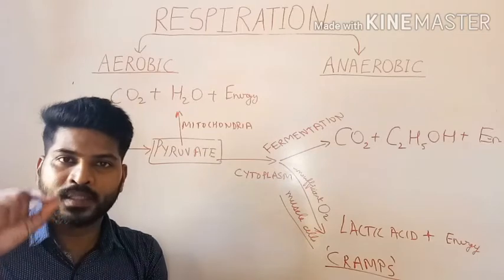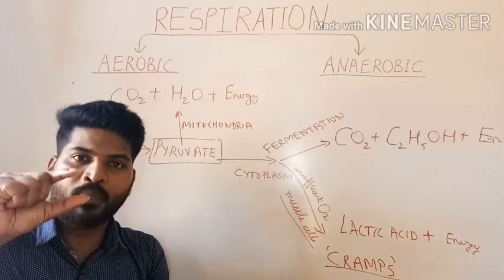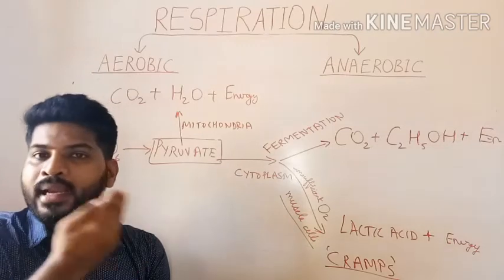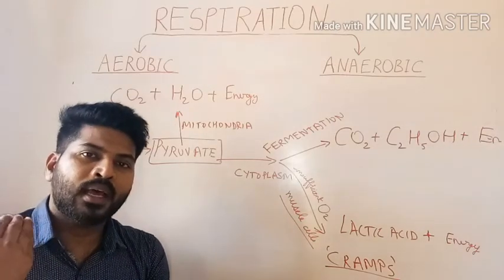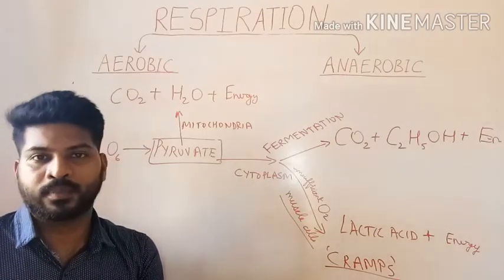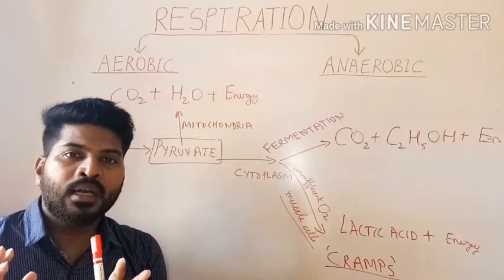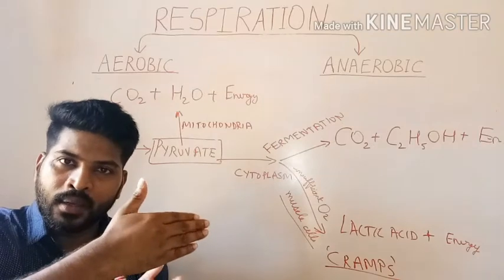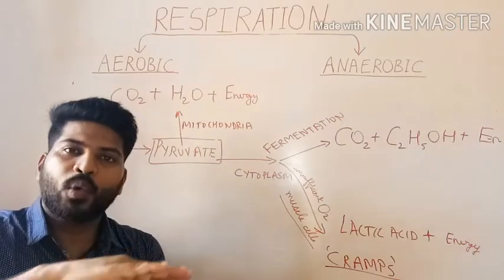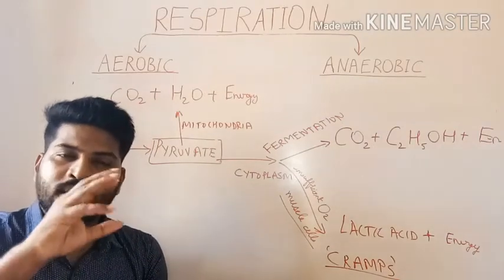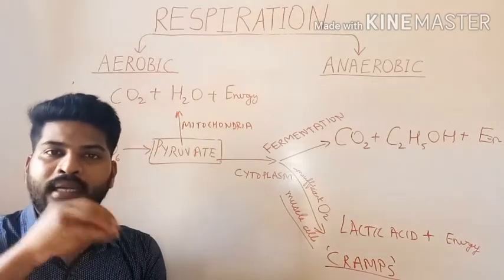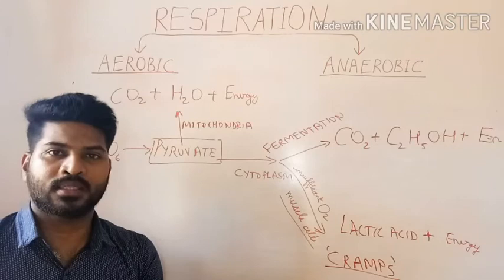What's actually happening is, when the fish opens its mouth, water will enter into the mouth. Behind the mouth, there are what are called gills. These gills are richly supplied with blood vessels. So when the water passes over these gills, oxygen present in the water is taken into the blood vessels.